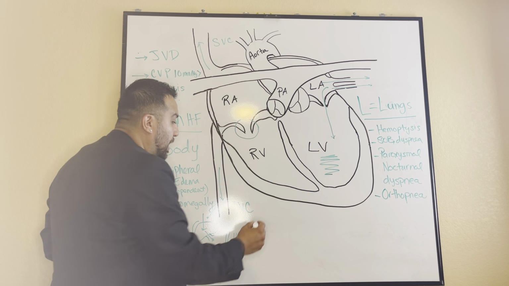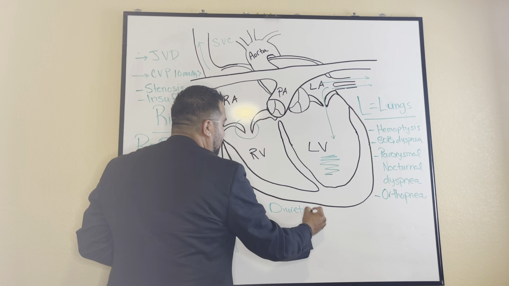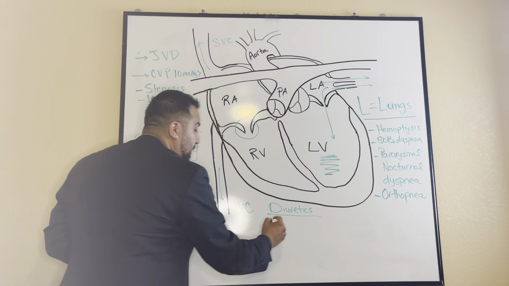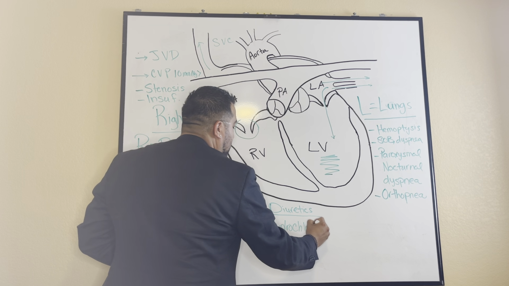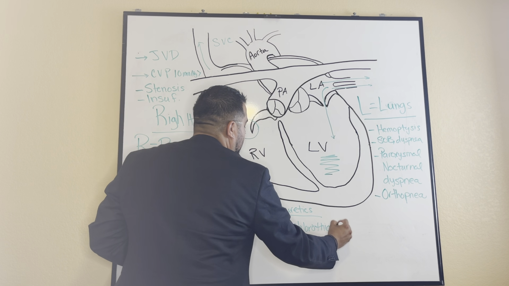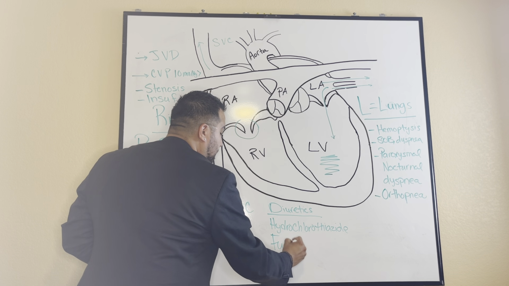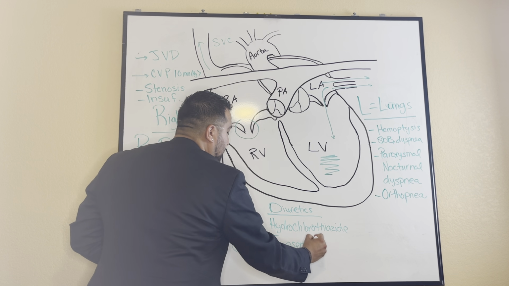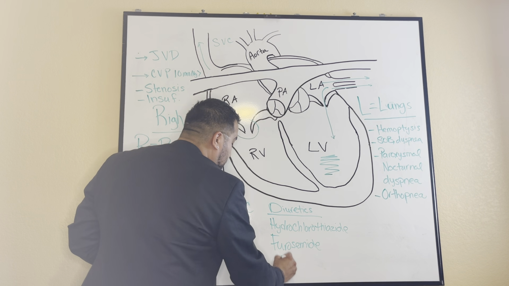We can start talking about diuretics. Okay. And to name a few, we can talk about hydrochlorothiazide. We can talk about furosemide. And we can even discuss diuretics such as aldactone or spironolactone.